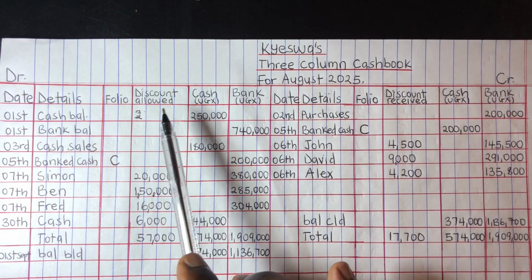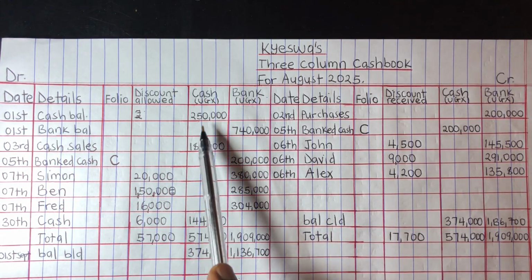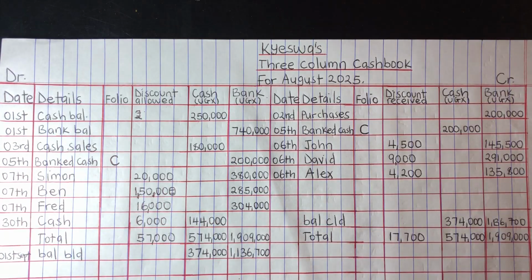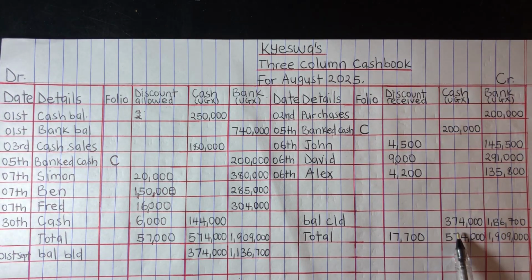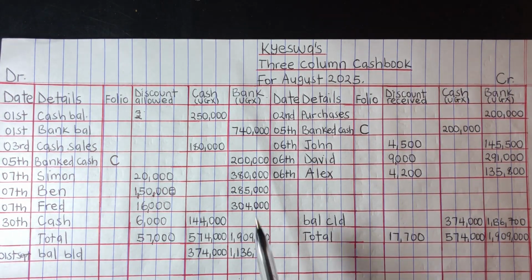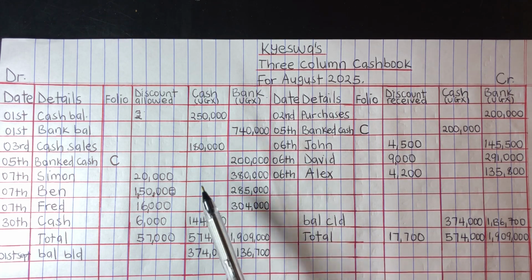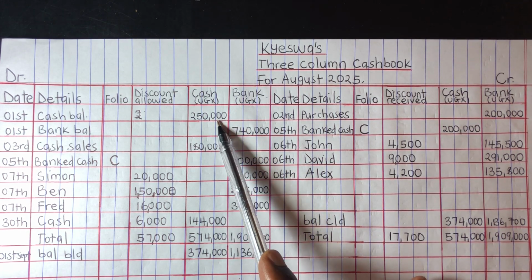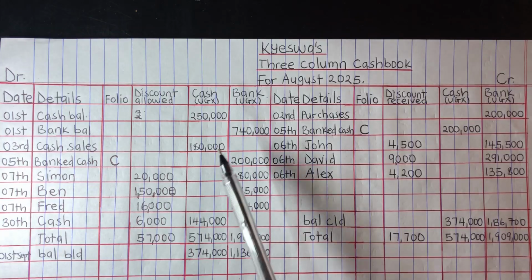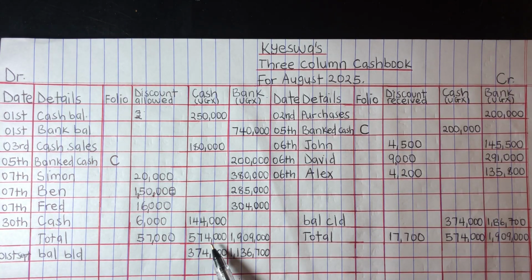Then we come and balance the cash column on the debit side separately from the cash column on the credit side. So if we add the totals, 250,000, 180,000, 144,000, we get 574,000.